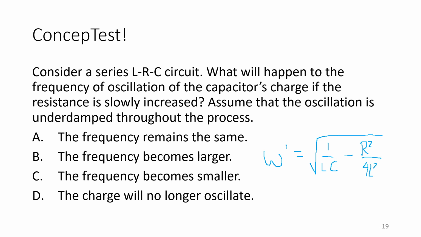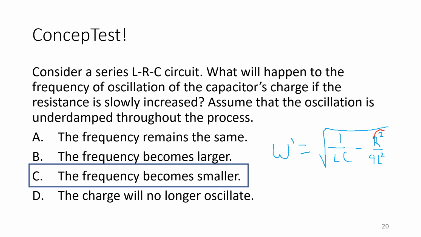And then your R squared term is actually this term here. That should tell you what the trend should look like. As it is your subtrahend, a higher value for R will just give you a smaller value for omega prime. And that should mean that your frequency will become smaller. The answer is C.